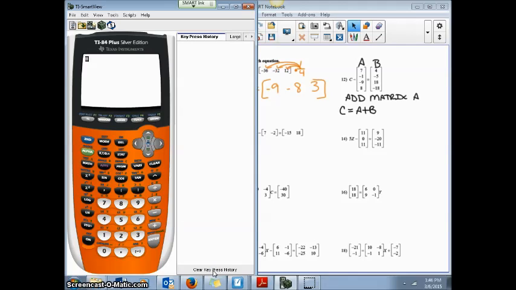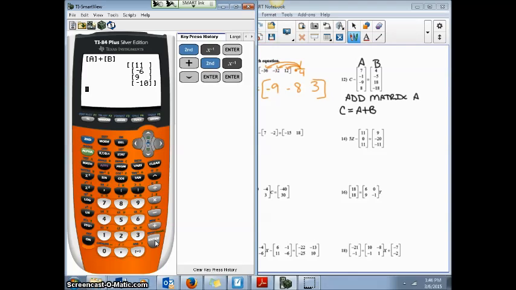And we're going to actually do just what it says. It says C equals A plus B. So we're just going to do matrix A plus matrix B. And then we'll hit enter. And that's what C equals. So that's our answer.